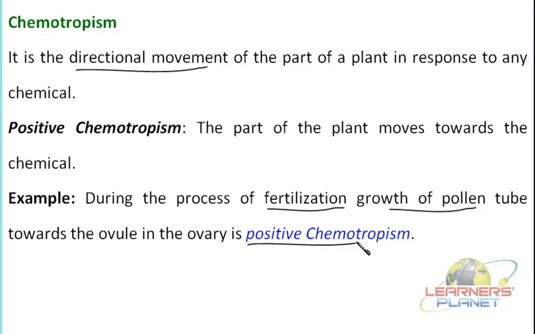And then there is a growth of a pollen tube, so that the male gametes from the pollen grains can be transported towards the ovule inside the ovary. Now for this, the pollen tube has to grow, right? And how is this pollen tube actually growing? In this case, these particular parts are secreting some hormones which support the growth of the pollen tube towards the ovule.